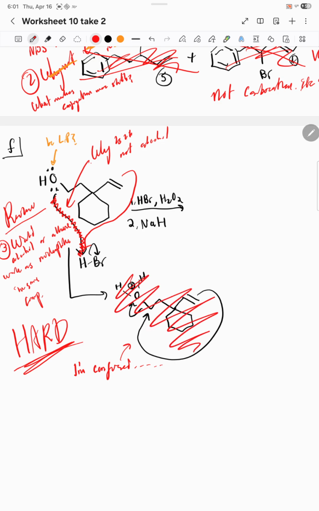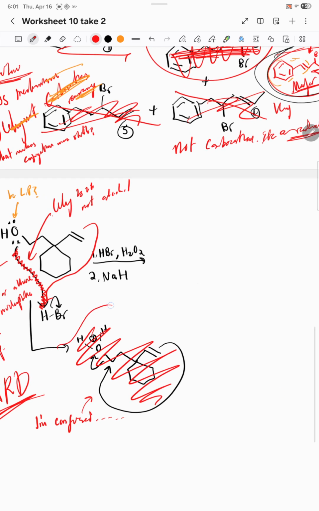So this is wrong. Instead, what we should get is untouched alcohol, and say we have this, and we'll get a carbocation here, so this will be the Br position.